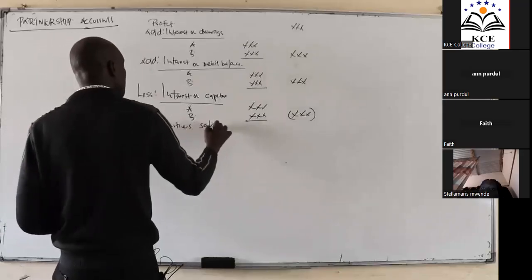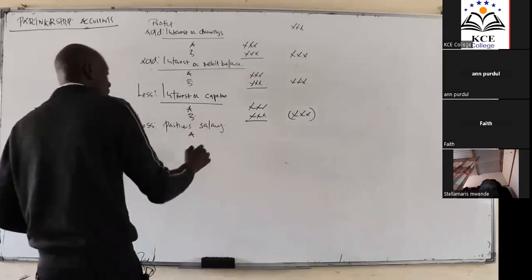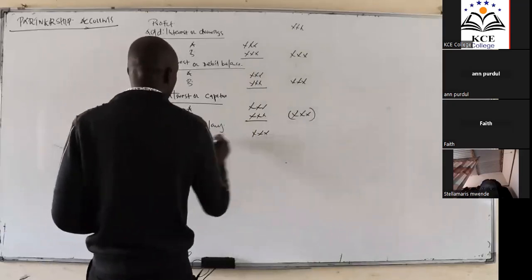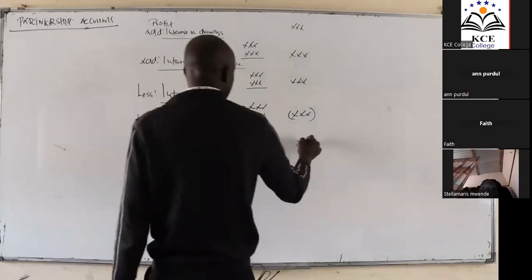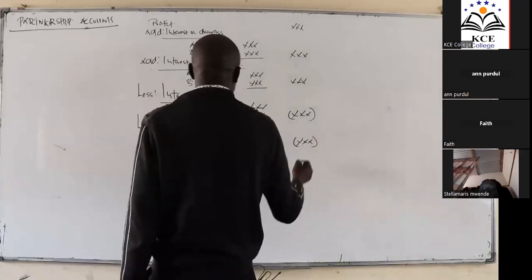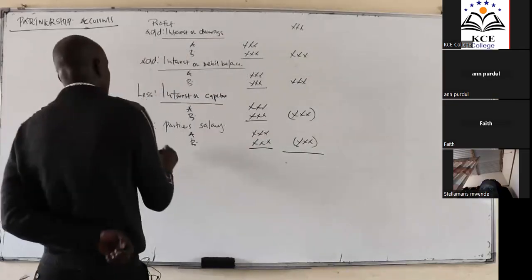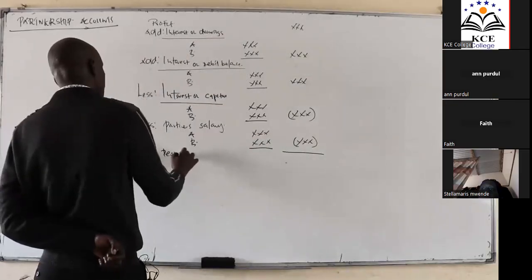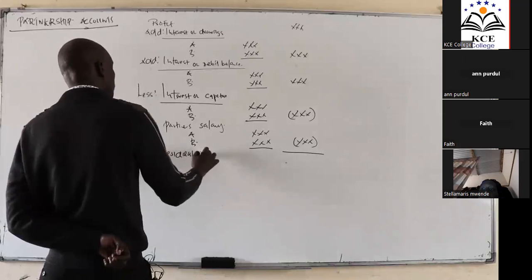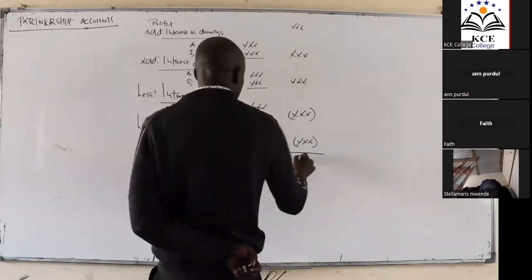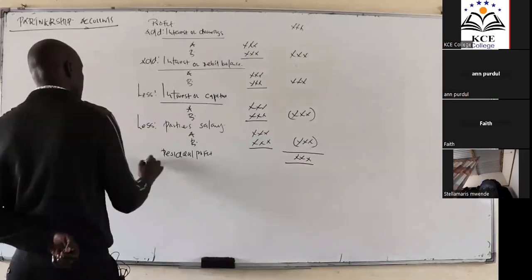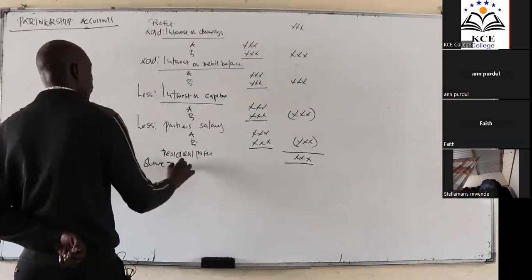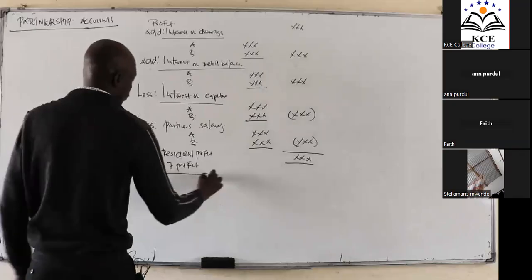We have partner A, partner B. Then you get the residual profit. Then you write your share of profit.